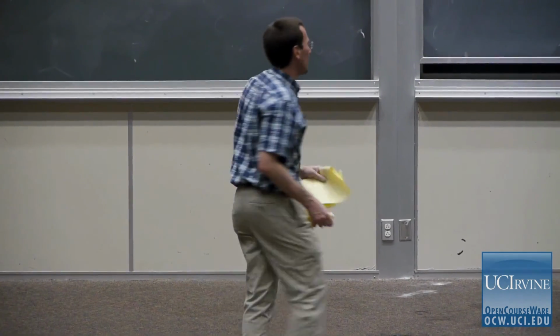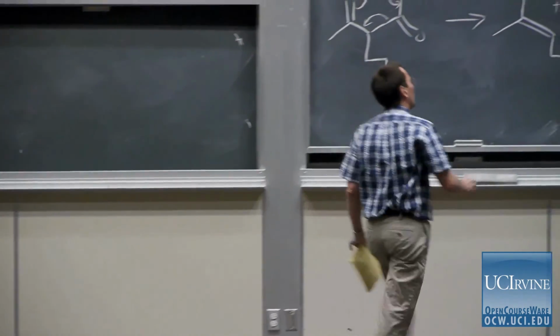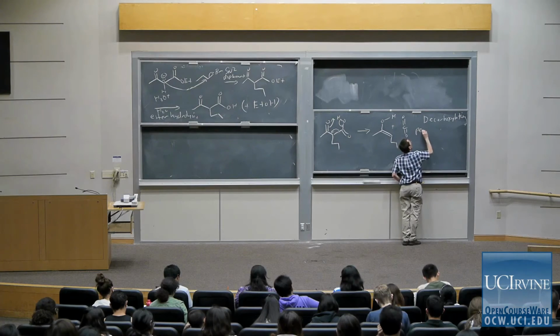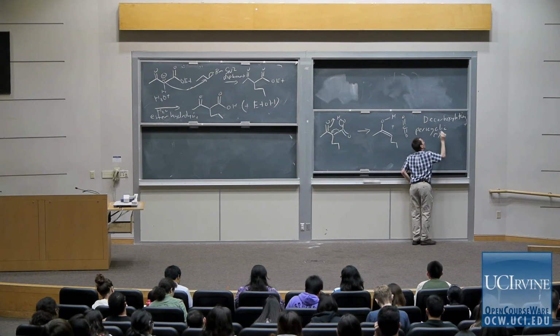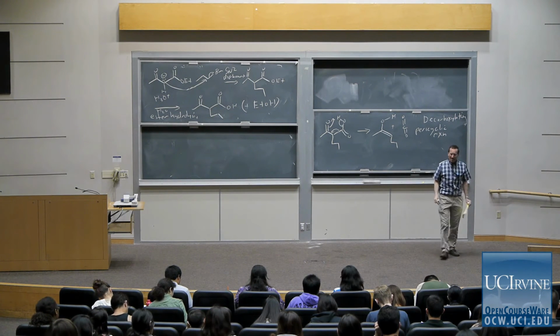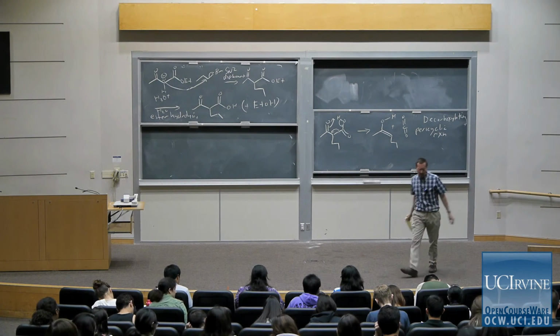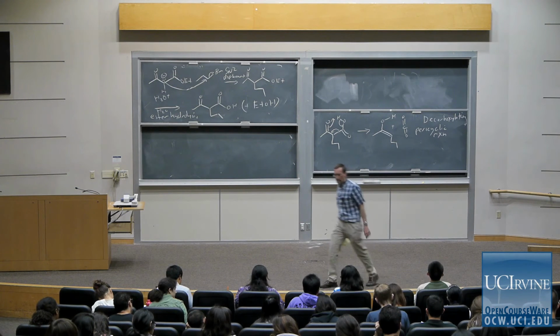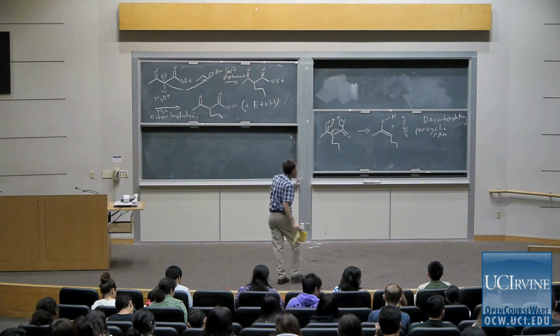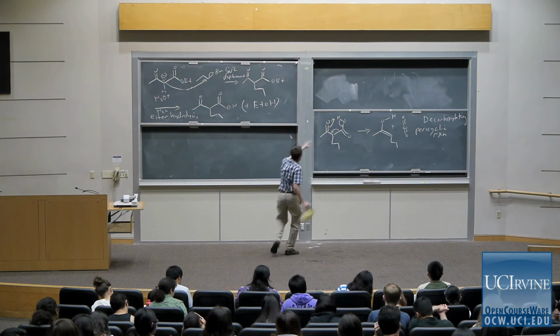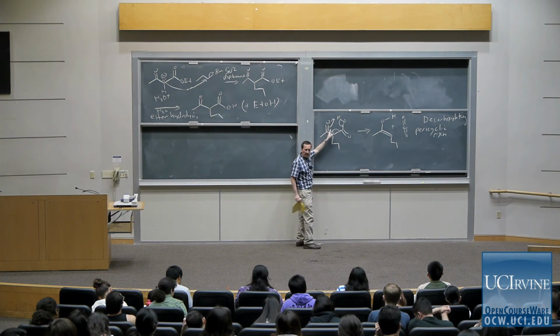It's a pericyclic reaction. What's the archetypal pericyclic reaction you learned about in 51b? Diels-Alder reaction. This is just like the Diels-Alder reaction, 6 electrons moving in a ring.